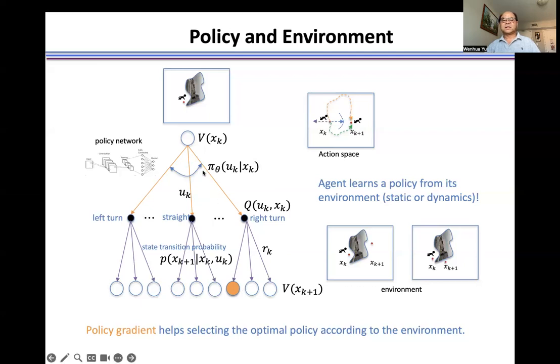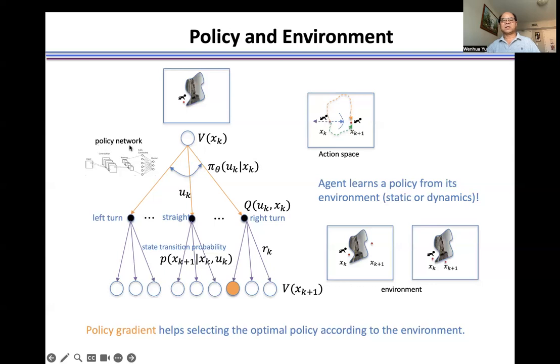So we find, or search for, this policy by trying to understand the environment, especially a dynamic environment, and make sure we have a maximum reward. Right now, because we have a deep convolutional neural network, the network can help us.